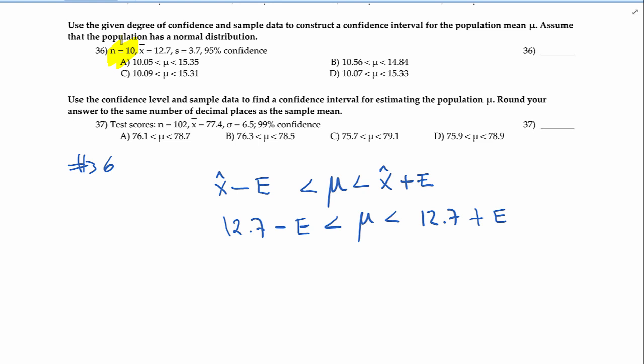However, because you're using a small sample and you don't have the standard deviation of the population, then what you need to do is use for the critical value in the error what is called a t-value. So that value actually comes from what is called a t-distribution, which is a distribution that is also symmetric. It's like a normal distribution, but it really depends on sample size.